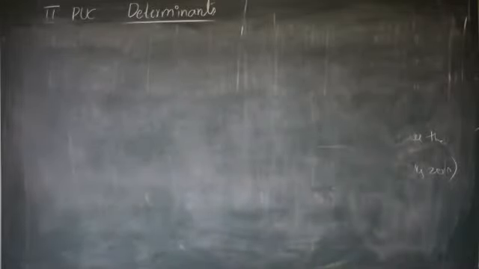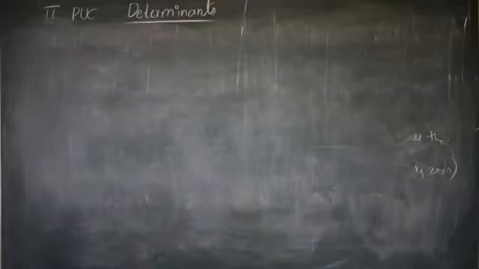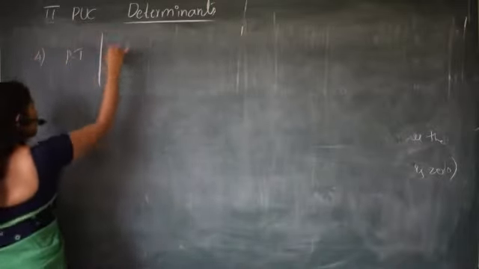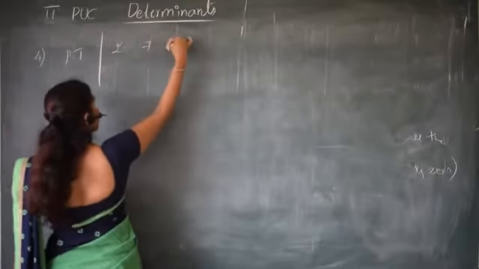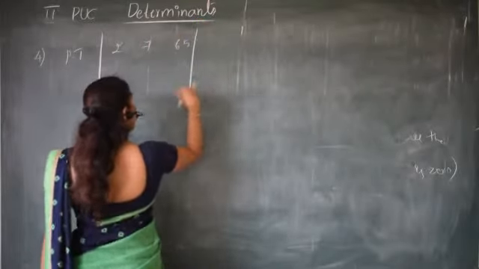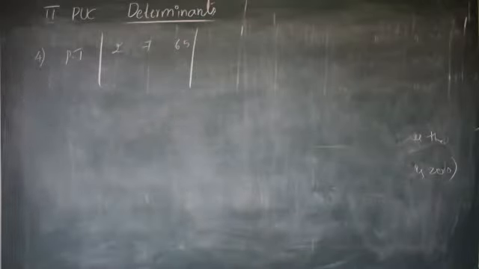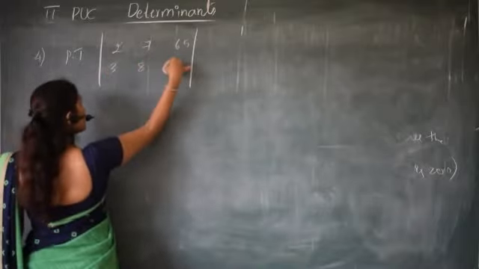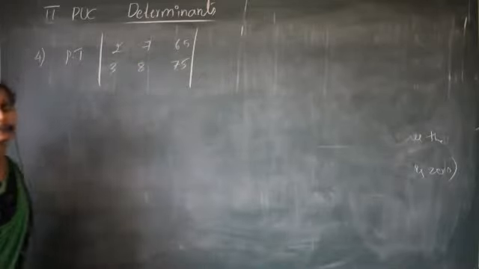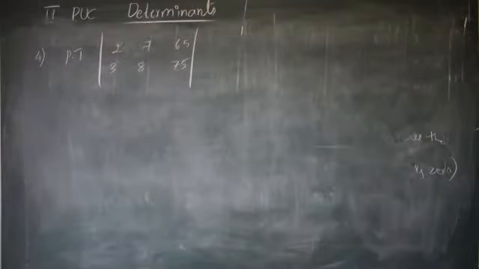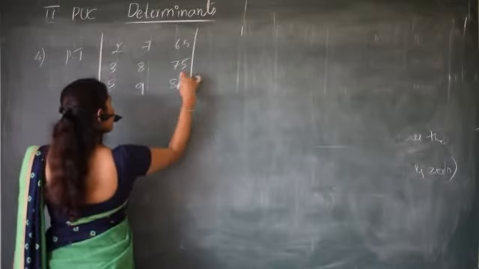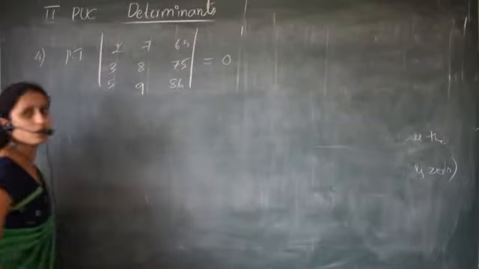Next question: again it is to prove that the determinant with rows 65, 75, 86 (with the remaining entries as shown) is also equal to 0.